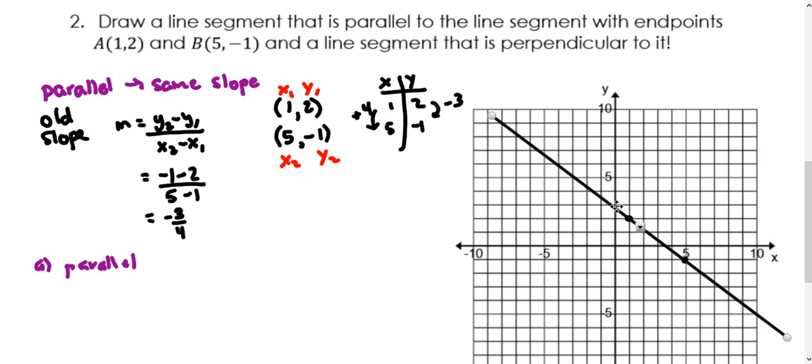For my parallel line, or my new line, as long as my slope is -3/4, we could choose any b value at all right now. So I'm going to choose y equals -3/4 x, I don't know, plus 7. But basically, I can choose any y-intercept.